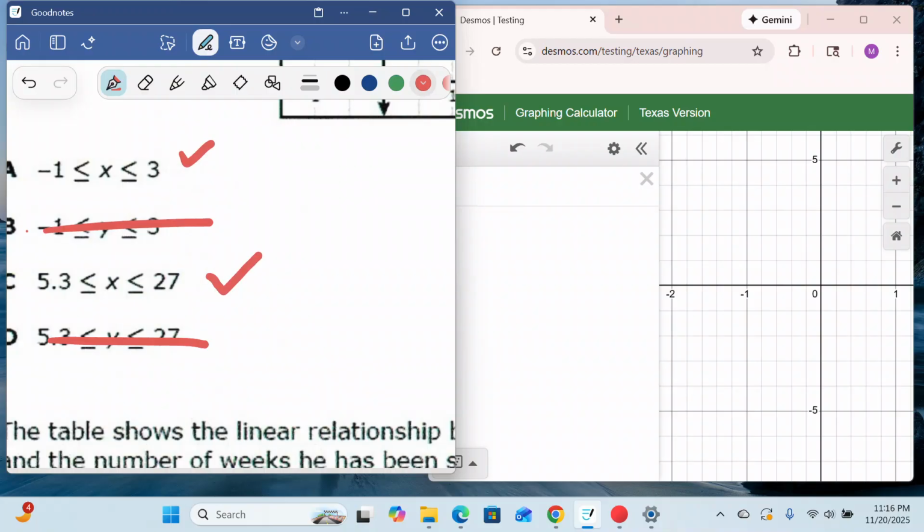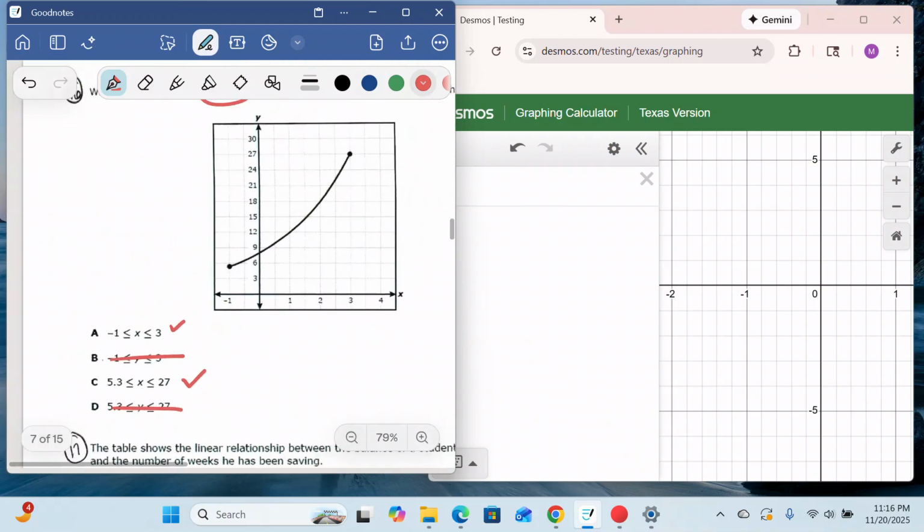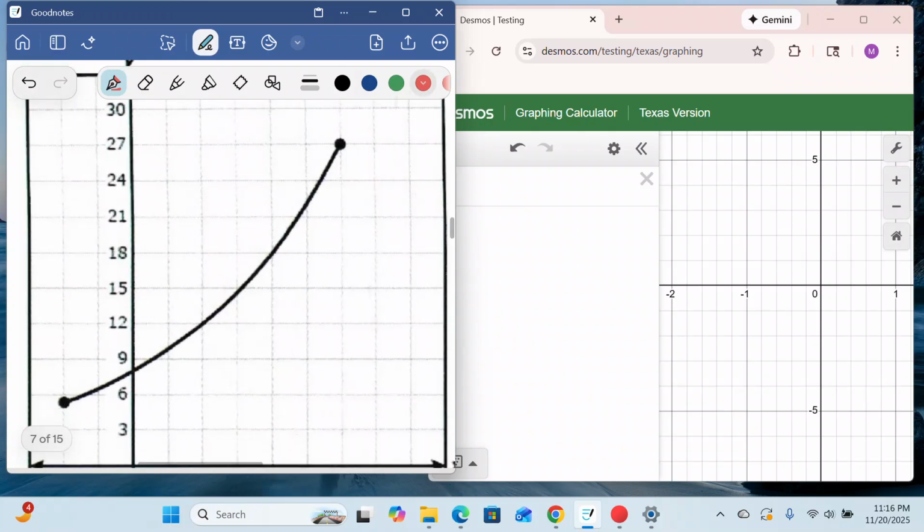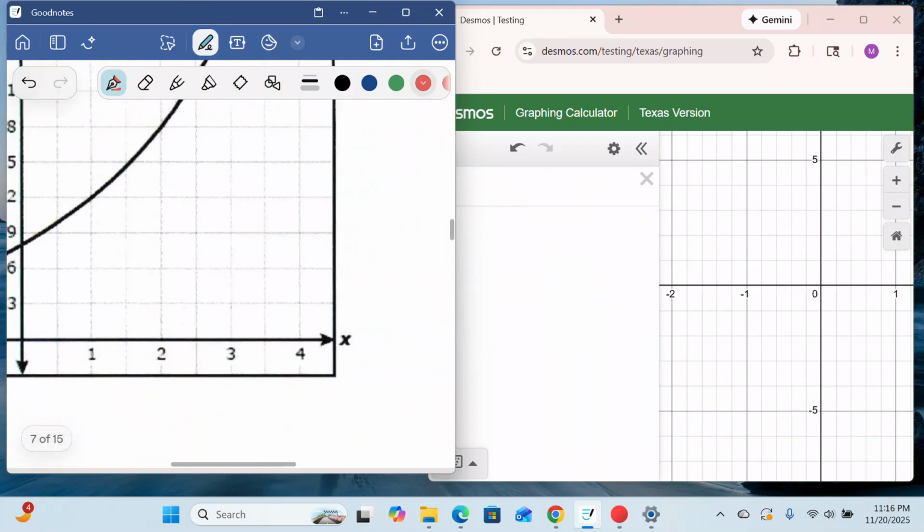Is x between -1 and 3, or is x between 5.3 and 27? So we're going to look at the graph, and they're both shaded, so it's going to be shaded equal to. Since my domain is my x value, I'm going to write down domain here.